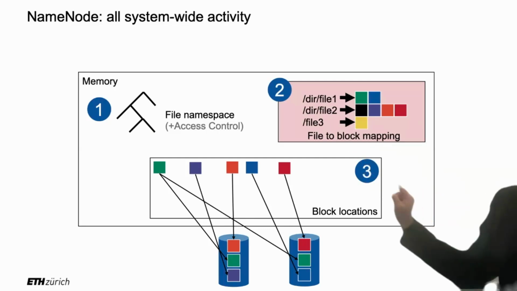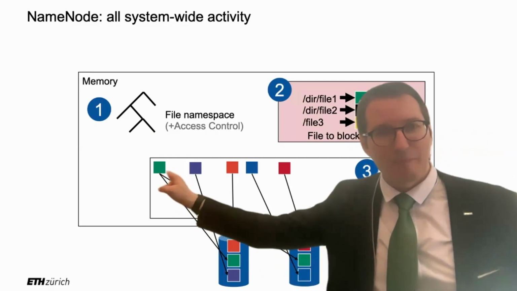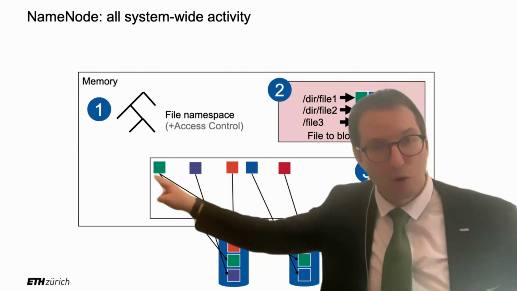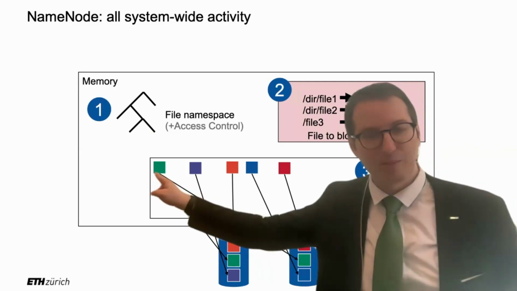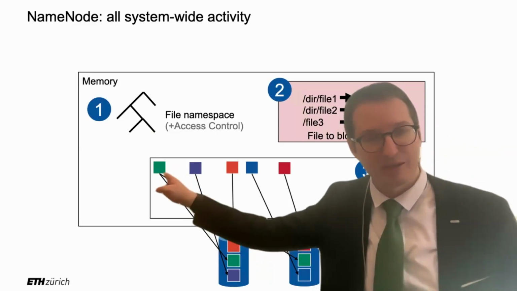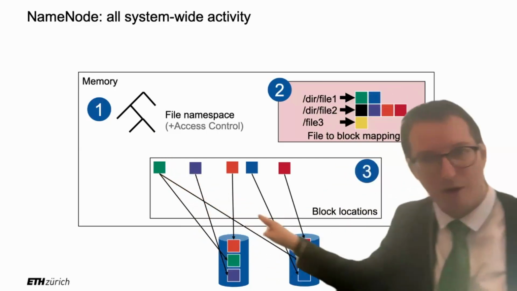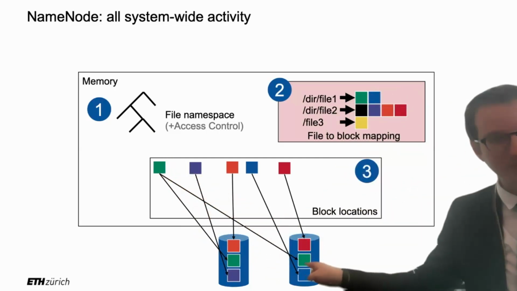Number 2. And number 3 is basically a mapping from all the block identifiers to the location of the actual blocks. So for example, the green block, the name node knows that there is a copy of the green block right here, and there is another copy of the green block right there, right?